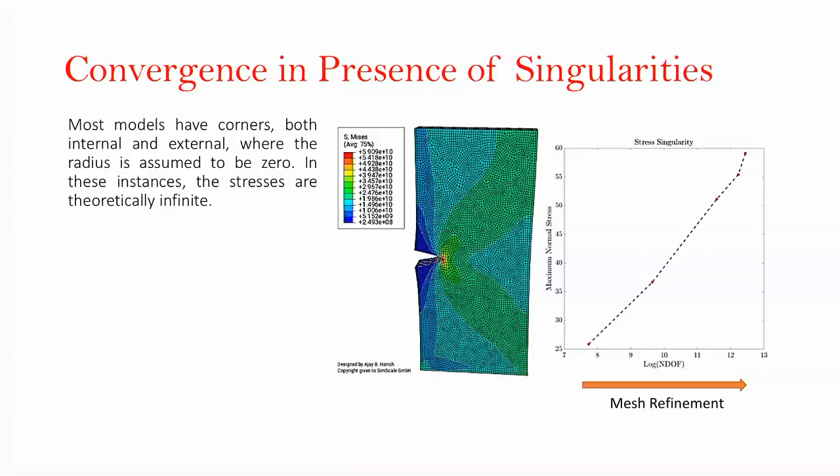There are a couple of situations that are always challenging when we use FEA, and we should know how to deal with them. The first thing is singularities in the part that we're analyzing. Sometimes there are sharp corners, could be because of a crack or just irregular geometry, where the radius at those corners is 0.